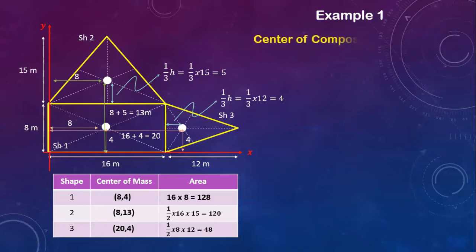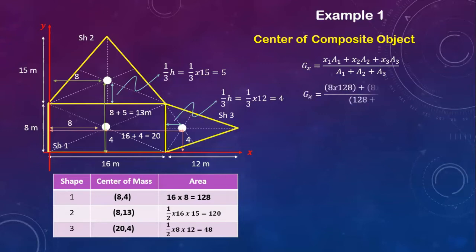Okay, to finalize the center of the composite object, you're going to use this formula. As we know, this composite object consists of 3 objects. So Gx equals x1a1 plus x2a2 plus x3a3 divided by the total area.